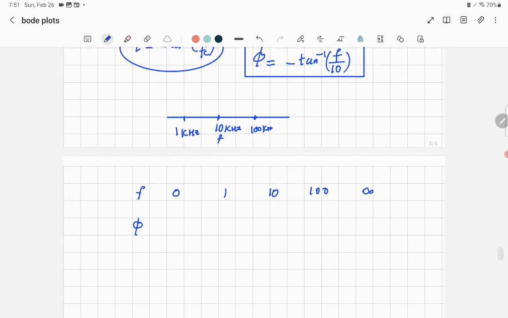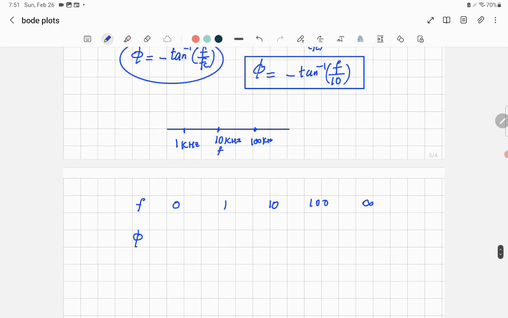Remember, that's the formula of the phase angle. Phi is equal to negative tan minus 1 of f over fc. First of all, if f is equal to 0, what is the value of f over fc? It will be 0. What is phi? Phi is equal to tan minus 1 of 0, which will be equal to 0 degrees.